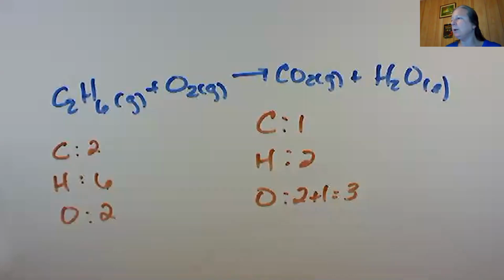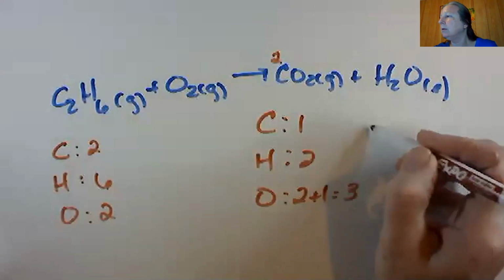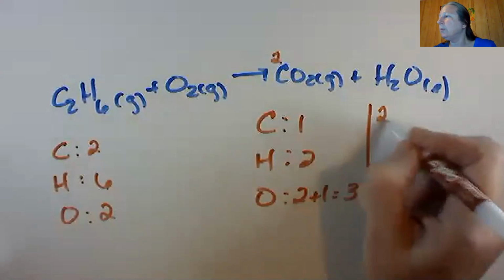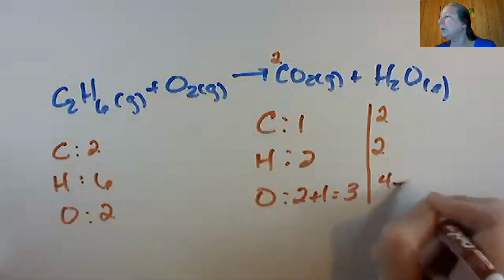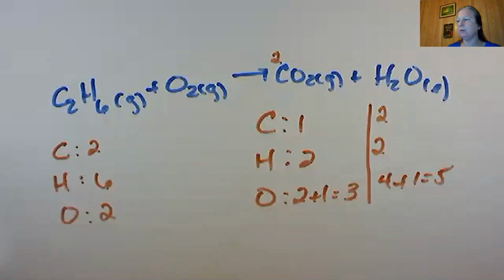All right, so I'll start with my carbon. So I'm going to put a 2 here. And so now I have 2 carbon. I still have 2 hydrogens. And I have 4 plus 1. I have 5 oxygens. Okay.